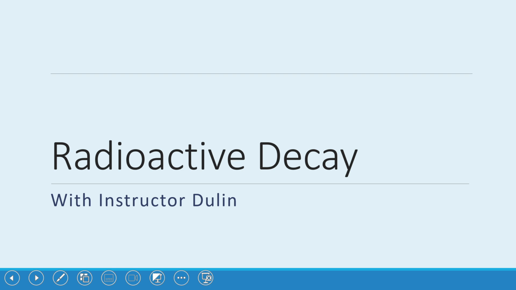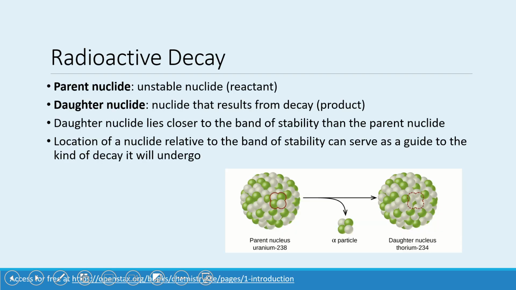So last section for this video, we've got radioactive decay, which we've kind of already touched on when we were looking at those nuclear reactions, but we're just going to go a little bit more in depth here. Your parent nuclide is your unstable reactant. Your daughter nuclide is the nuclide that results from the decay, so that's on your product side.